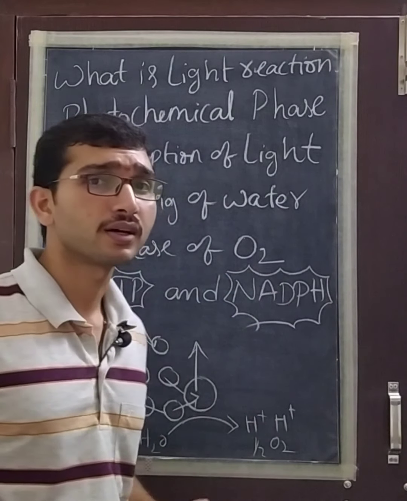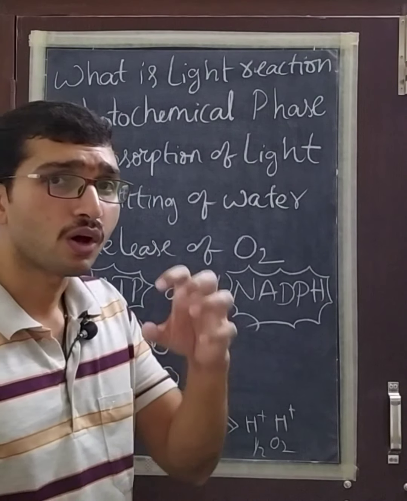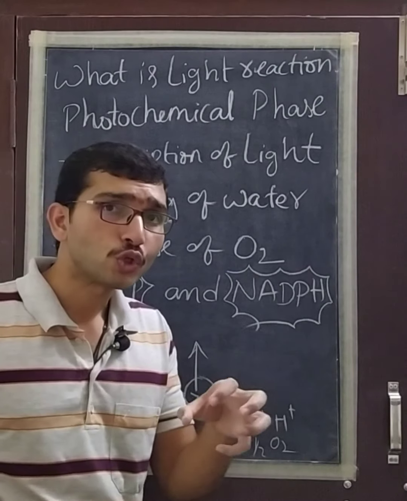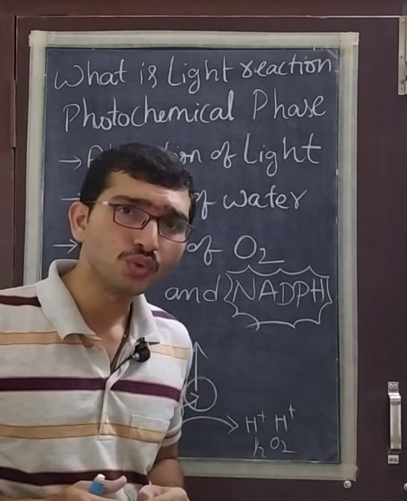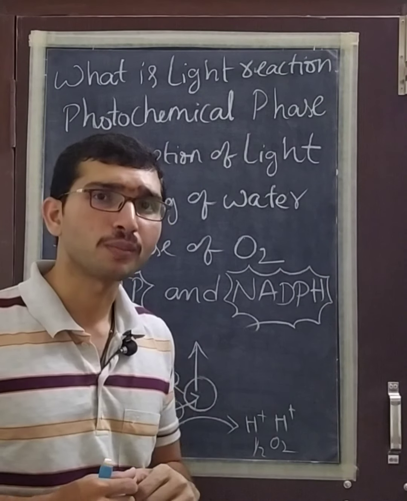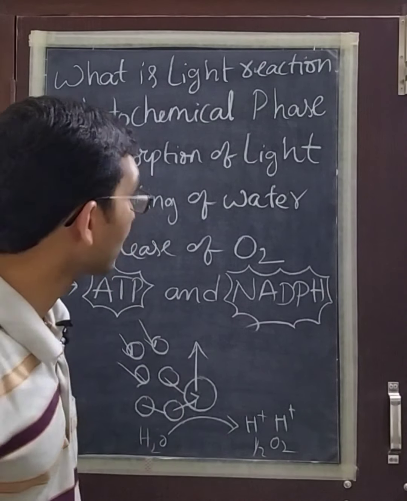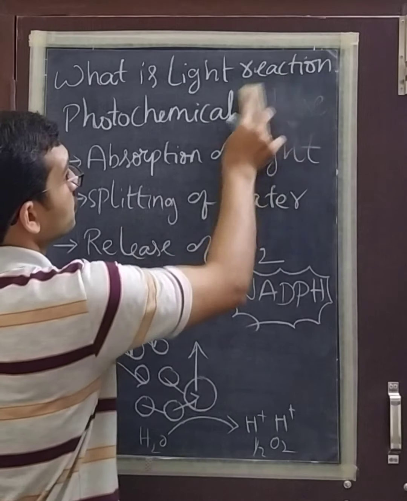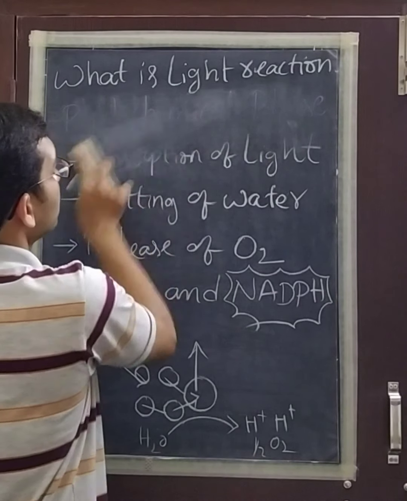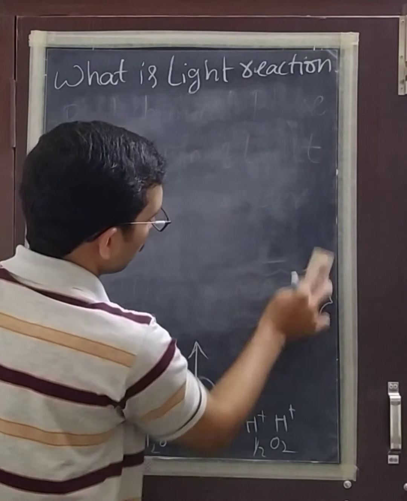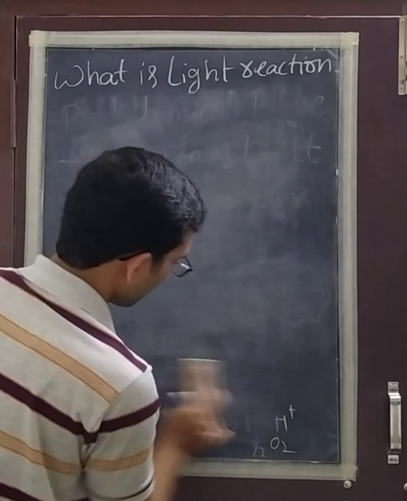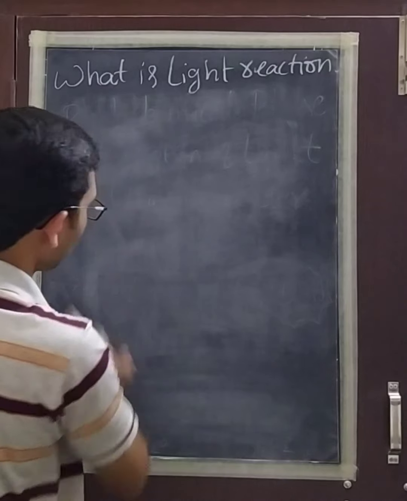Now let's have a look at how these pigments are organized into photosystem light harvesting complex. So we have two photosystem light harvesting complex, that is photosystem 1 and photosystem 2. I am going to represent the two photosystems. One is known as photosystem 2, another one is known as the photosystem 1.